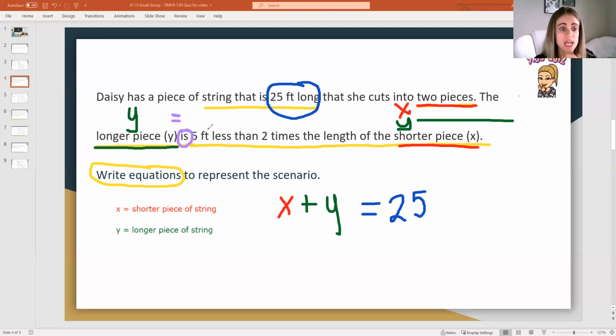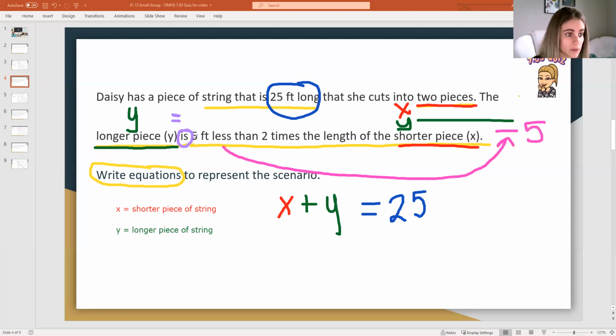So whenever you see a more than or a less than, that's a turnaround word. That means it's going to go after what comes next, because I'm saying 5 is less than whatever follows my sentence. So I know that that is going to come way at the end and going to be a minus 5, because 5 is less than whatever I'm going to read next.